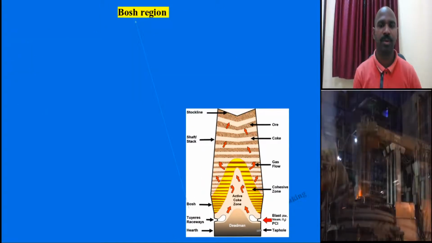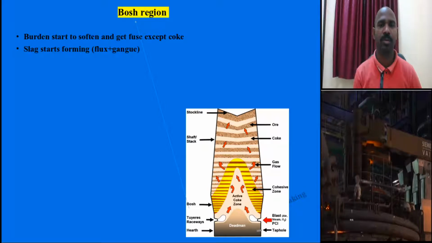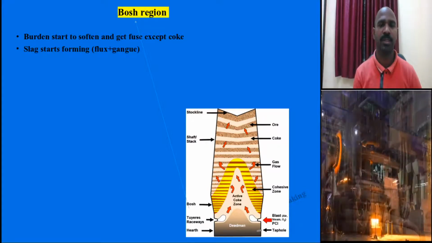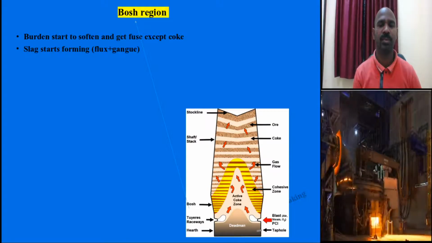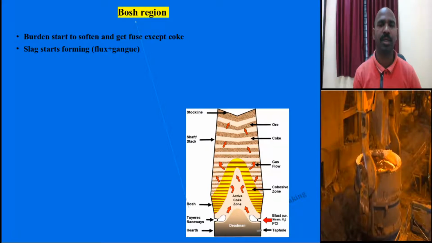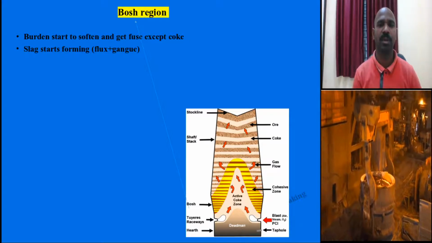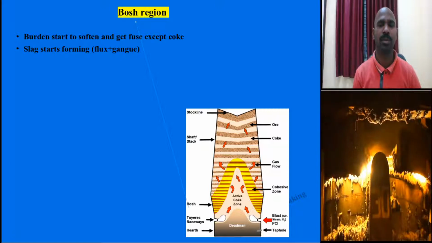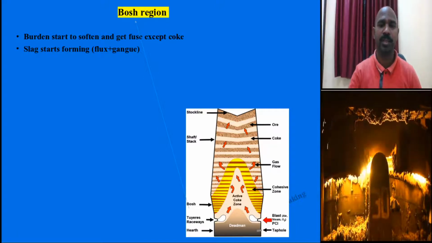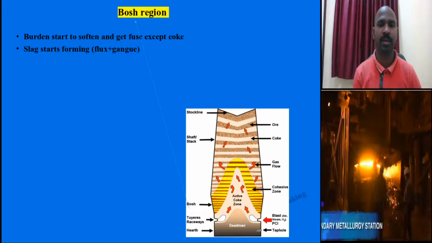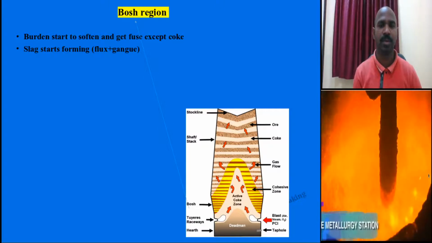Now coming to the next zone, the Bosh zone. As this hot air nears the Bosh zone, it interacts with the coke, and immediately coke combustion and exothermic heat are generated. The temperature increases further and further as it interacts with the iron ore and coke.